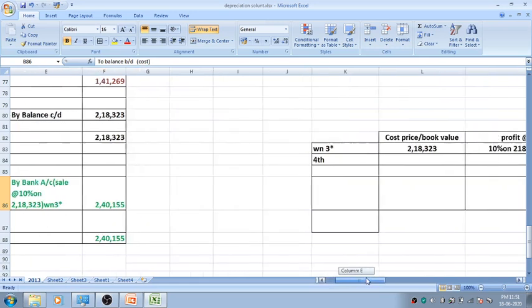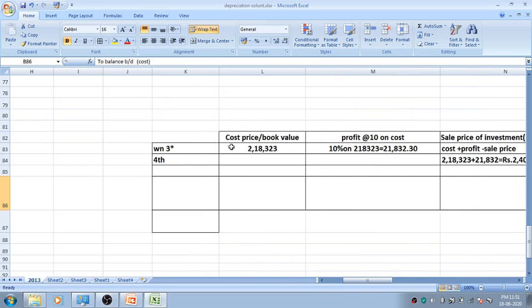So we are going to provide a working note here. I note down here what is my cost price by having a look at opening balance of investment account in the last year, in the year of replacement, in the year of sale. 2,18,323. Of this, on this you are going to calculate 10% profit, because they said more than the book value. More than the book value means at profit.